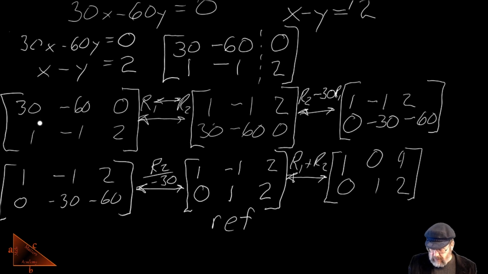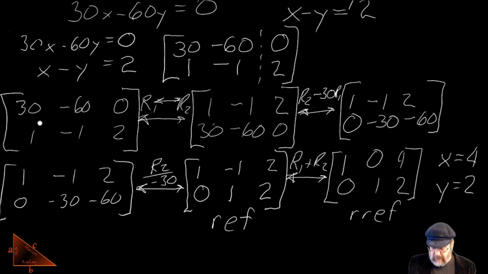And now we're in reduced row echelon form, rref. Final out of all of this is x equals 4 from that row, and this row, y is equal to 2. So now we know what the times are for both of our ships.